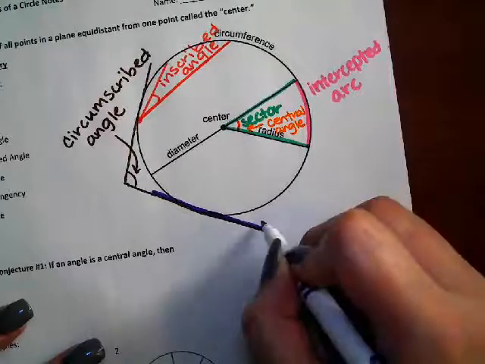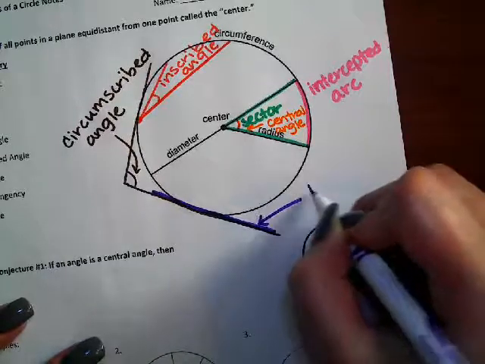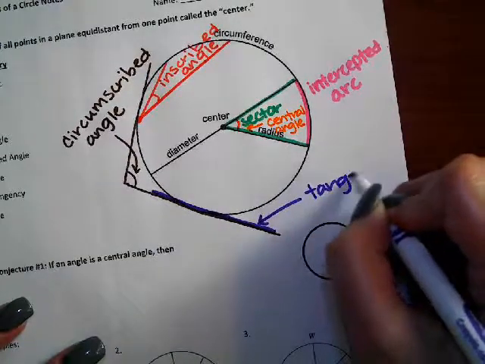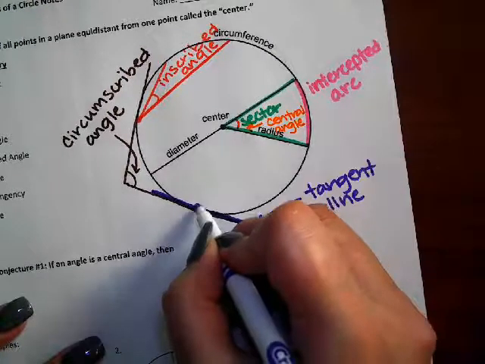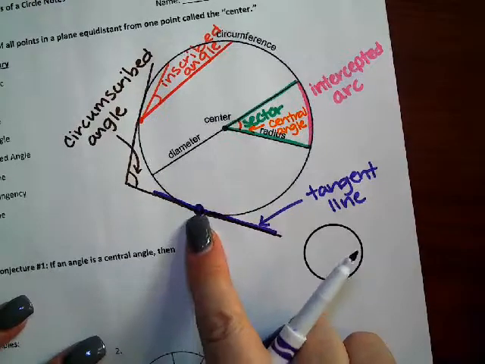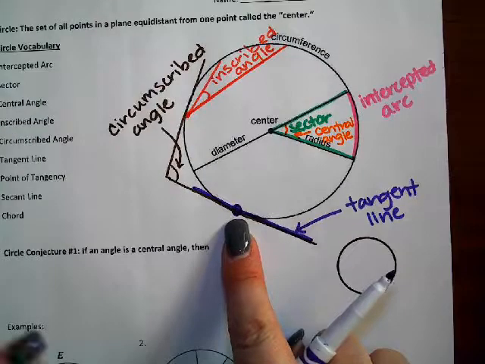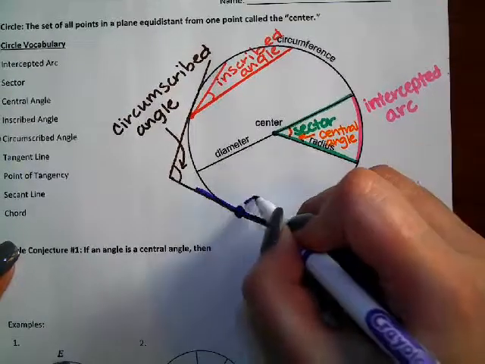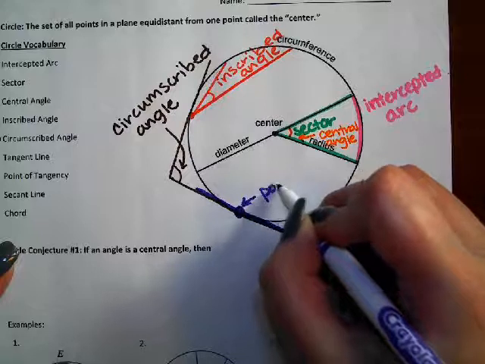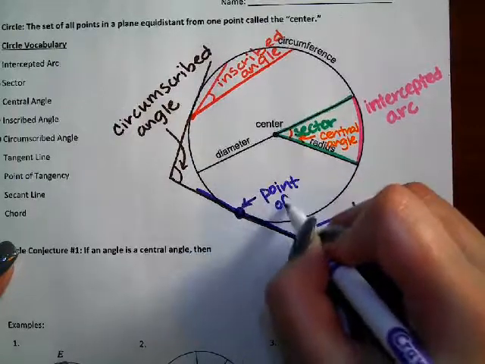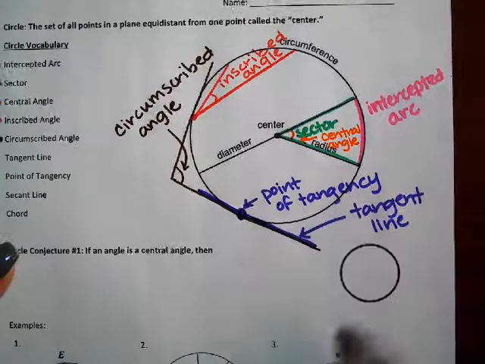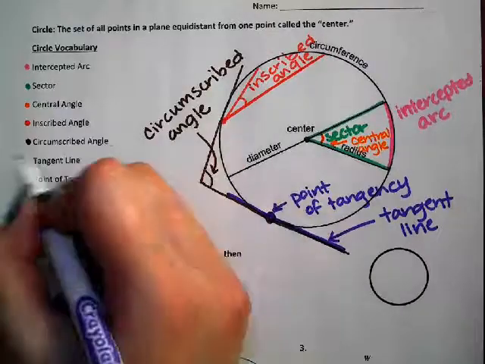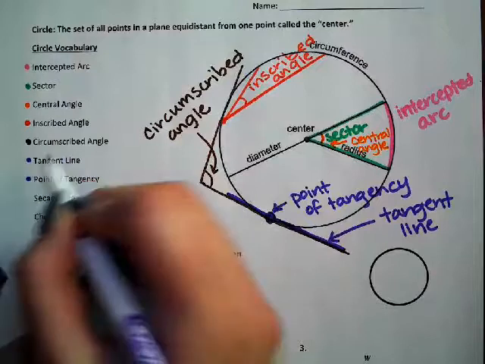So this right here is the tangent line. The point where the tangent line and the circle come together, that single point where they meet, is called the point of tangency. So tangent line and point of tangency were both in purple.